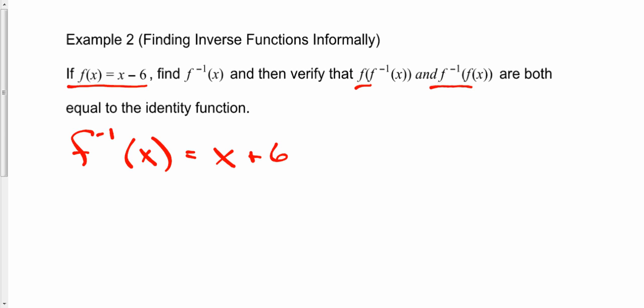The royal you. What do I know about these guys? Once I found that both compositions give me the identity function. Thank you. They are inverses. That's what we want to confirm. So do that. Do f composed with the inverse of f, and then do the inverse of f composed with f.